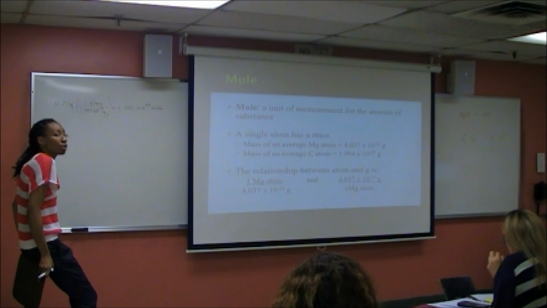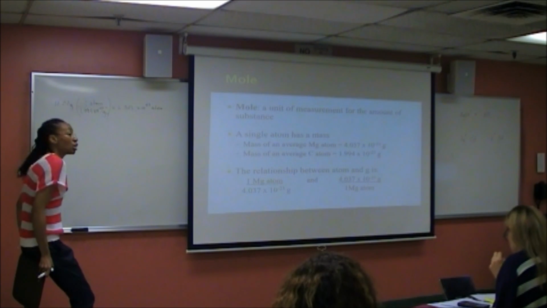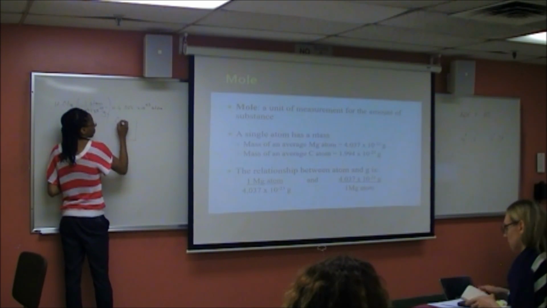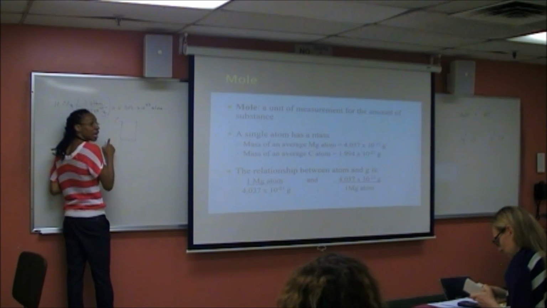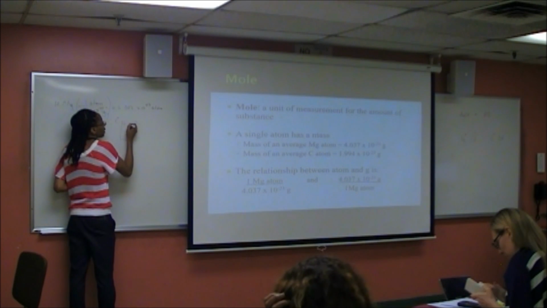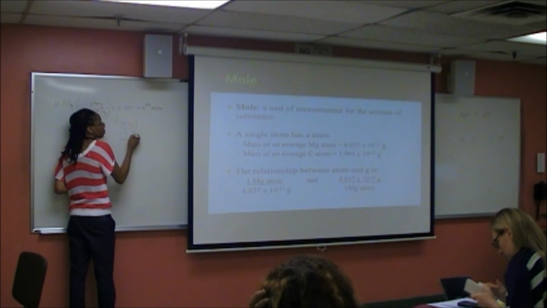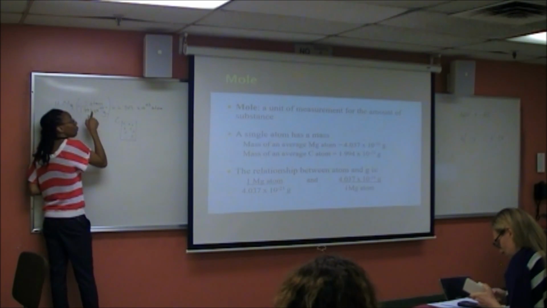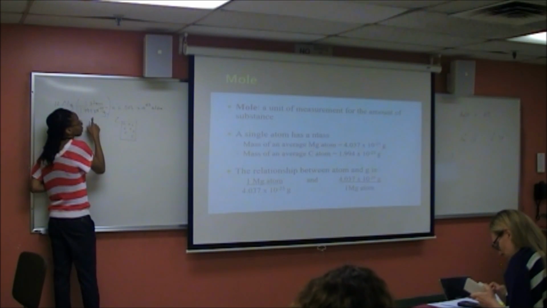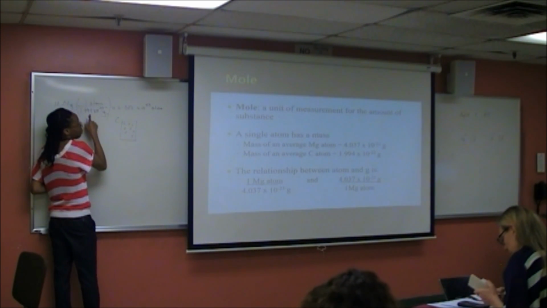So remember, this is your carbon element, and inside of the element you have your tiny little atoms. So 12.01 is the mass of the element. I got 6.022 times 10 to the 23 though. Me too. And that's fine. Okay?